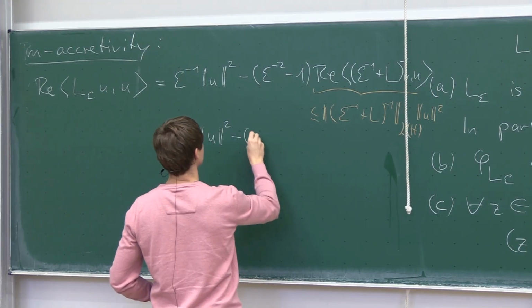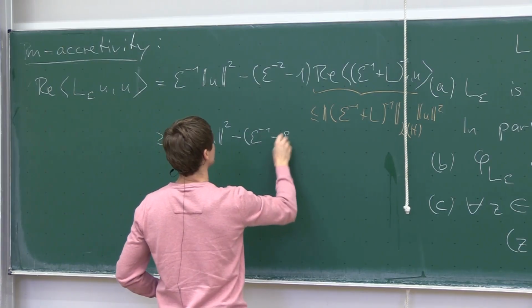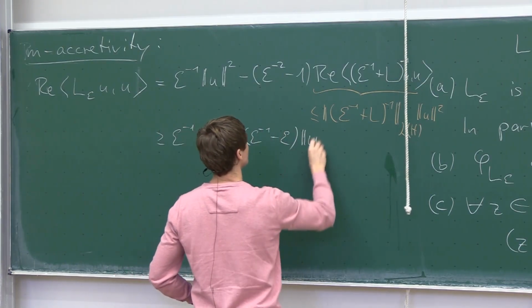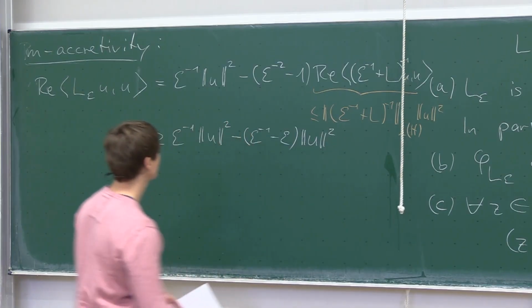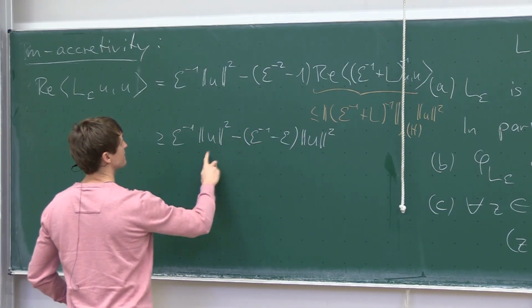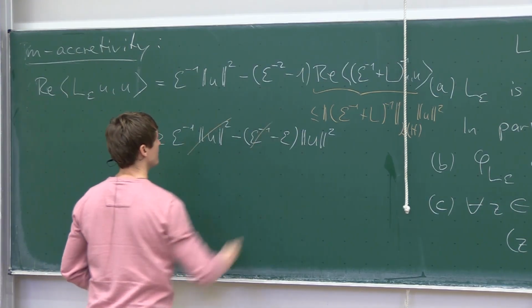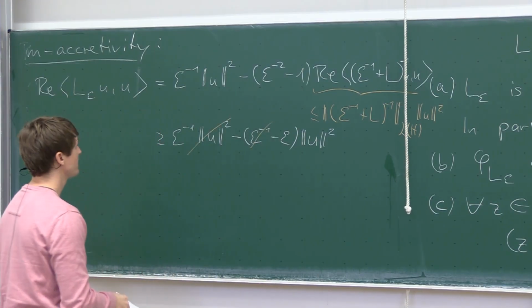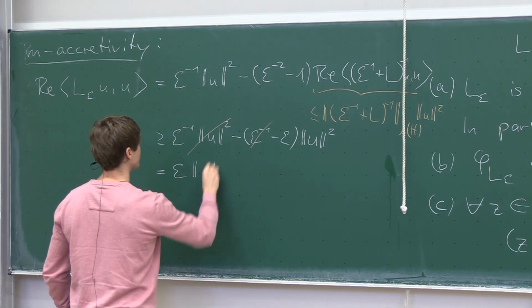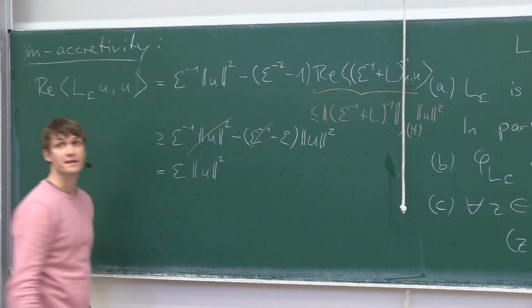So we have here epsilon to the minus 1 minus epsilon, and then I'm left with the norm of u squared. Okay, and now we see that these two terms just cancel out, and we remain with epsilon times the norm of u squared.